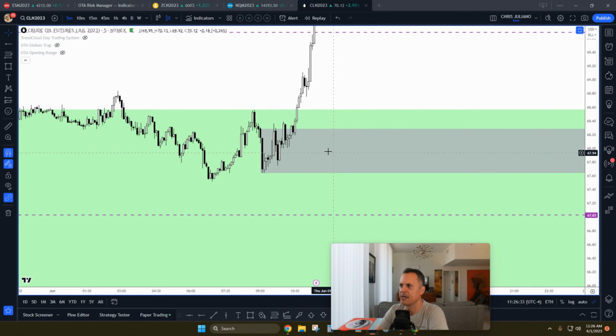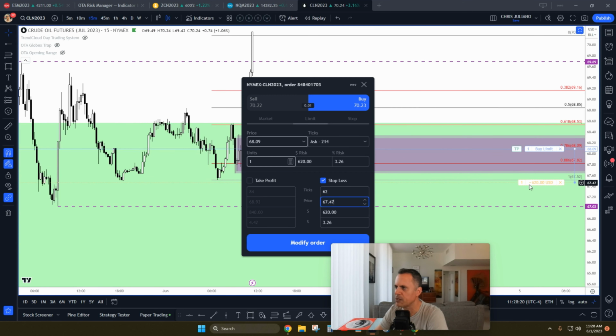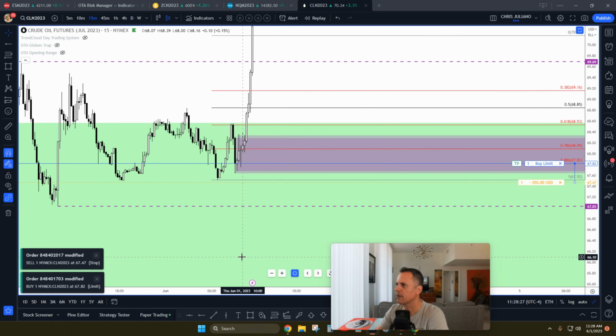Within the 1 hour demand zone, you have a 5-minute demand zone right here. If you wanted to take the full structure, you can go here, put your entry at that 886, and there you go. That gives you the best risk to reward, does it not? $350 risk.